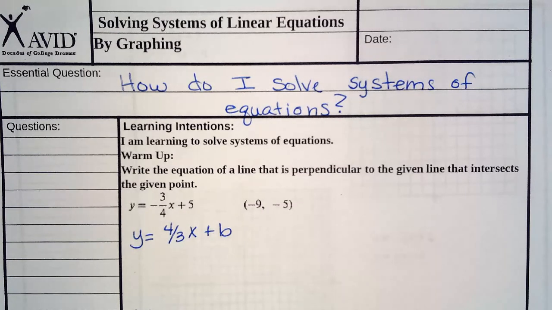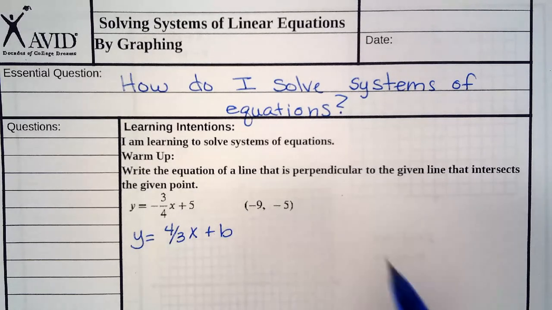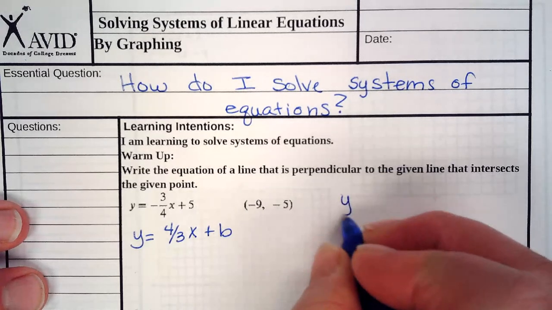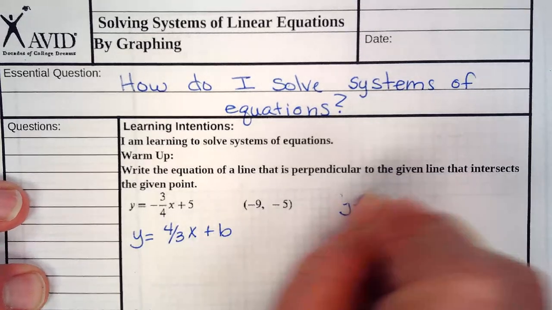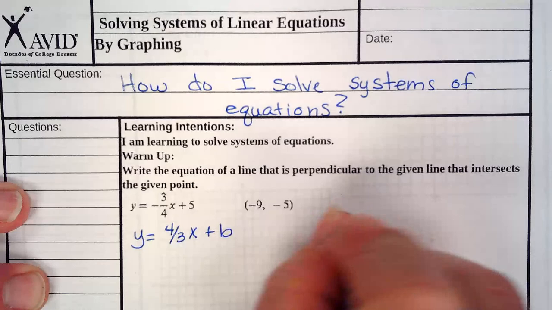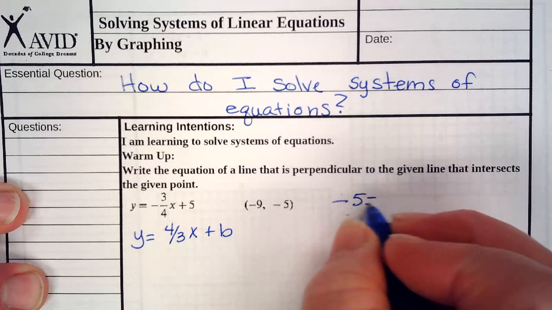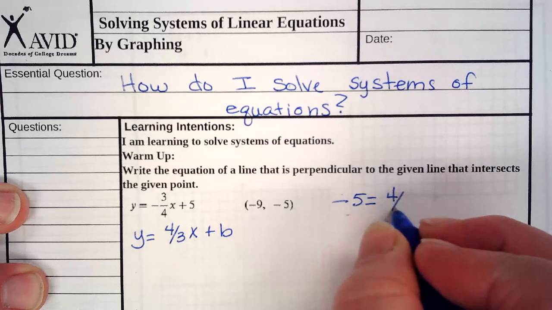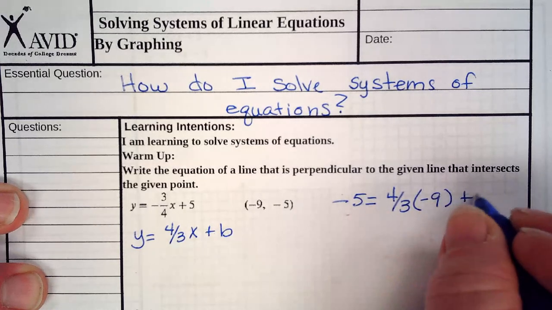Now we have to figure out what b is. We've got an x and y here to substitute in, and then we'll solve. So y is equal to, y is -5. I forgot to put that in. -5 is equal to 4/3 times -9 plus b.